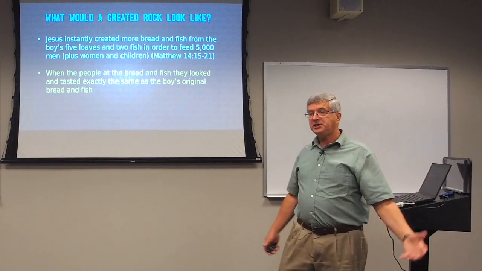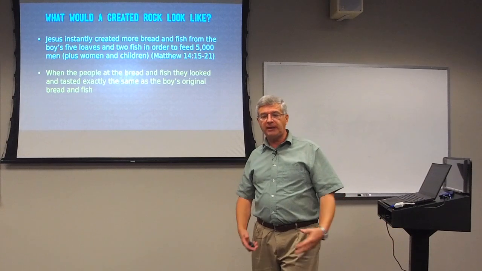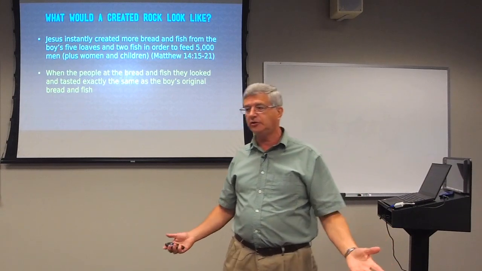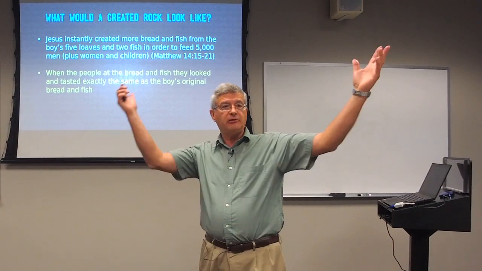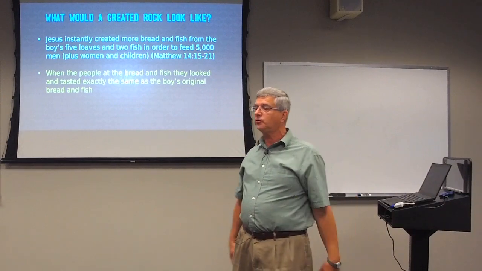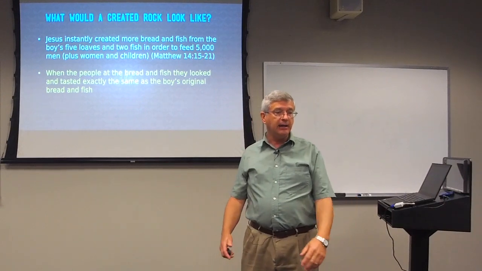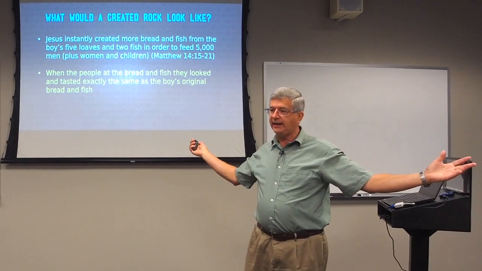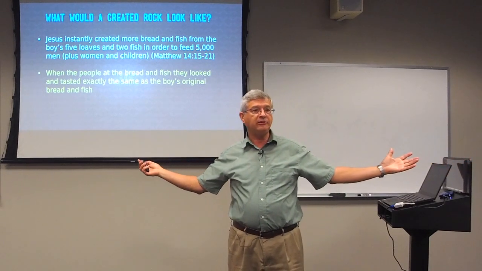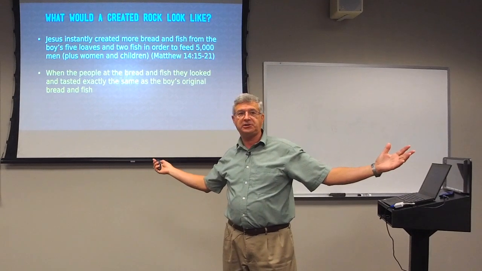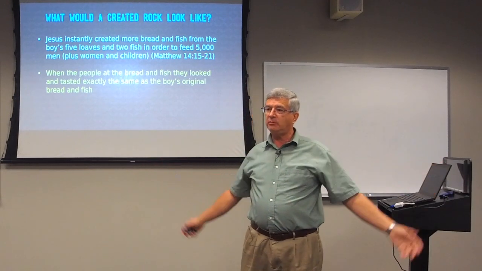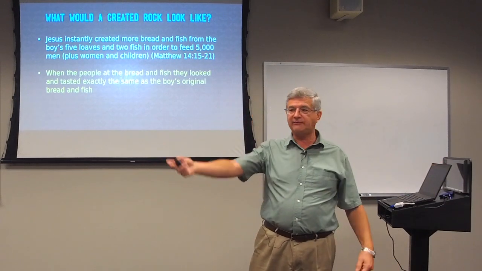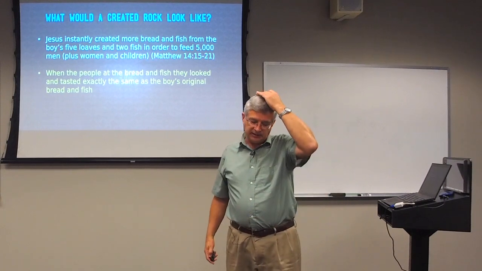And when Jesus created more bread and fish from that little boy's lunch of 5 loaves and 2 fishes, the 5,000 men plus women and children who were eating lunch that day didn't realise that they were eating bread that had been instantly created. In their minds, it was bread that had come from wheat that was crushed, made into dough and baked in an oven, except Jesus didn't have an oven out there by the Sea of Galilee.